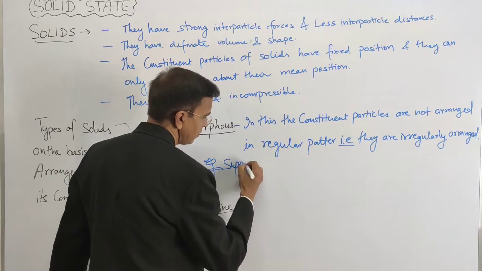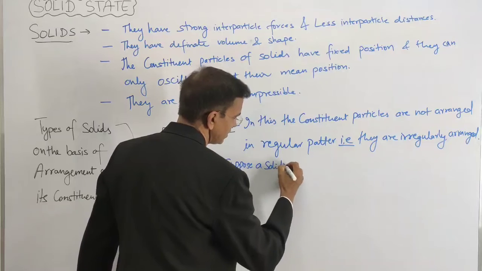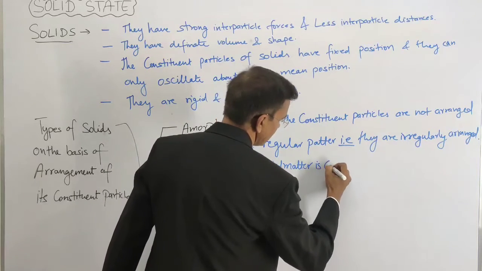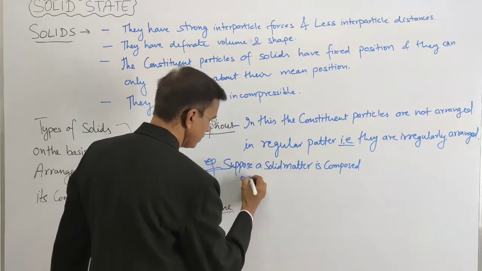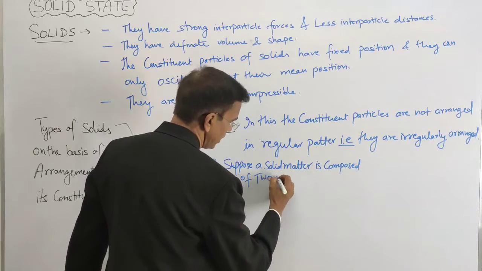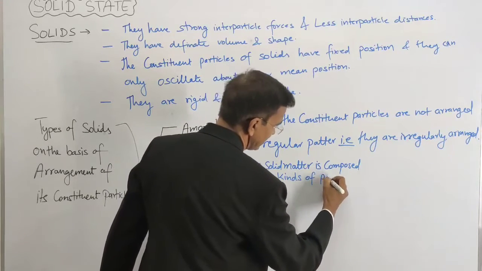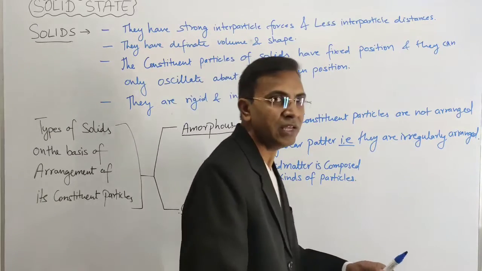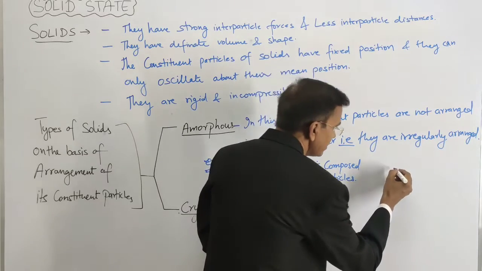Suppose a solid matter is composed of two kinds of particles. So how they are irregularly arranged, I am going to show here.